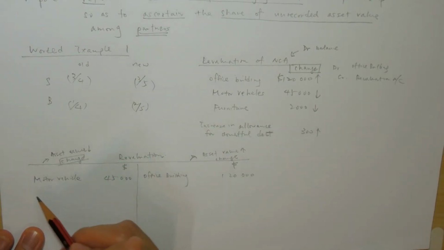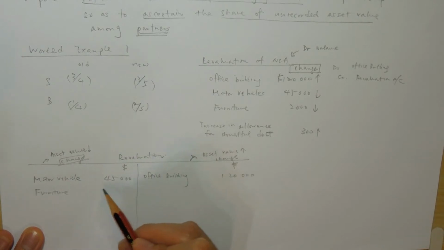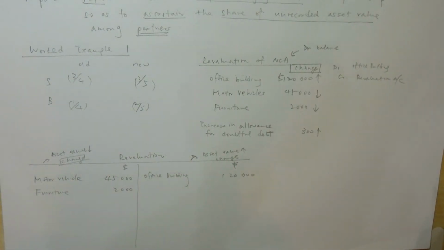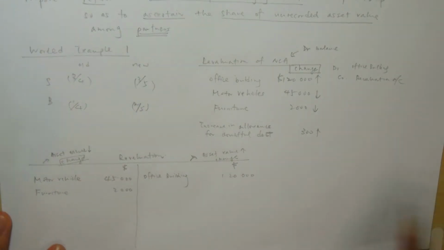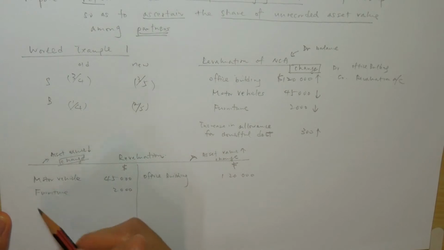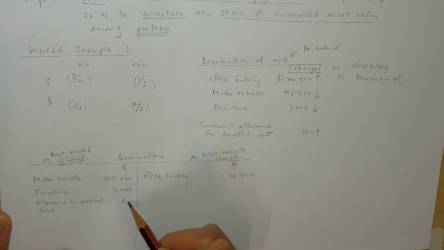And then for the furniture also, and at last, the increase in allowance for doubtful debts, also asset value decrease because the accounts receivable decrease 300.